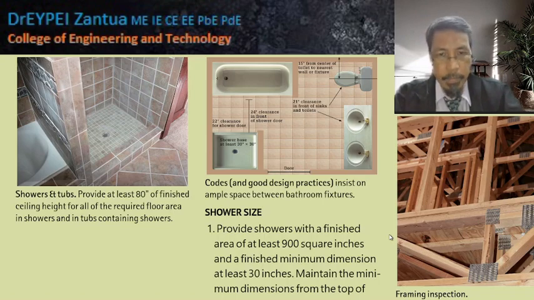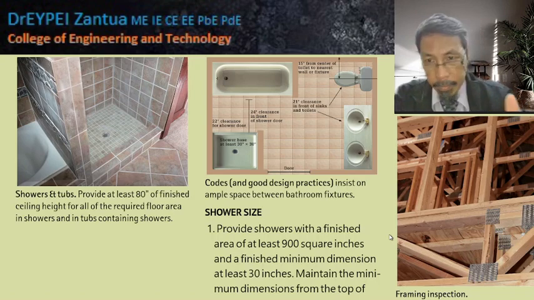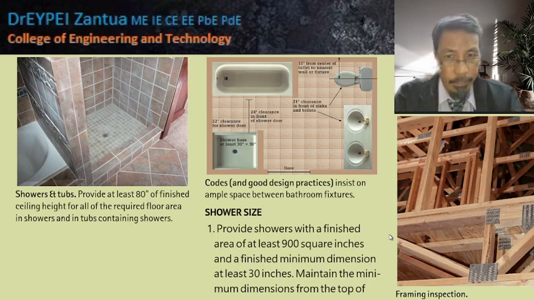So there is a very small difference between the plumbing code of the master plumber and the plumbing code of the sanitary engineer, but they are almost the same. Also for the sink and the lavatory, and for the bathtub clearances, we have corresponding dimensions.